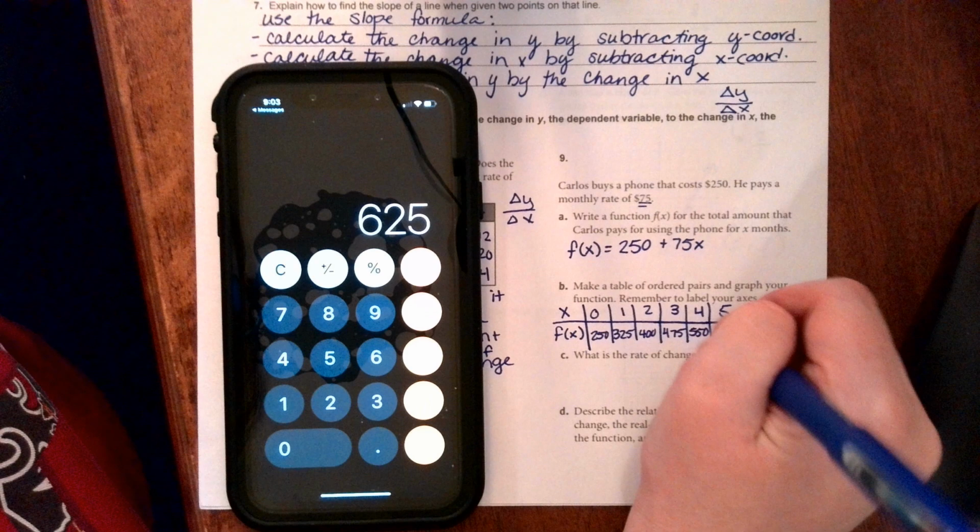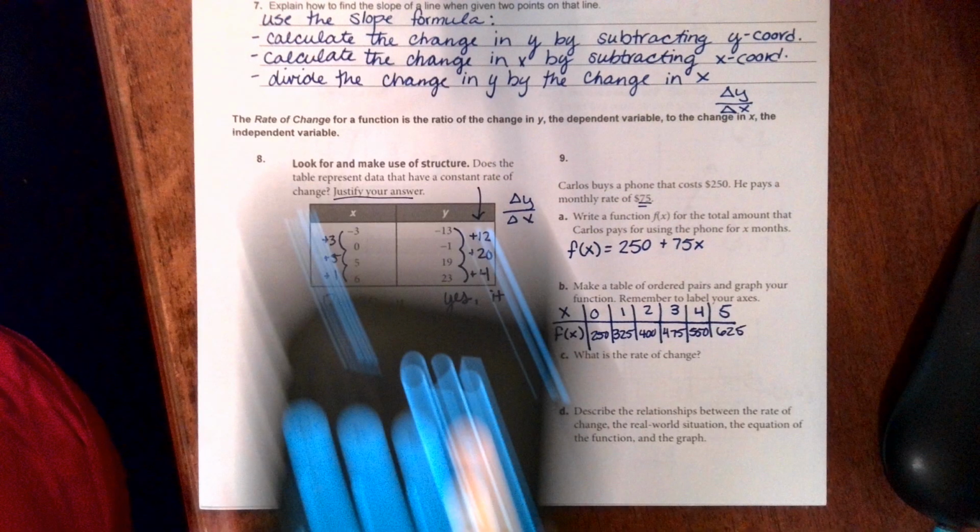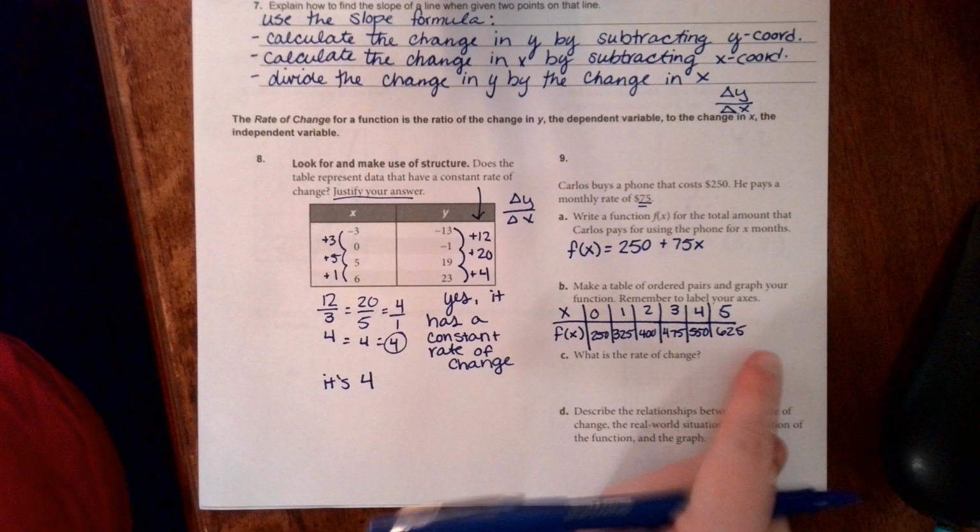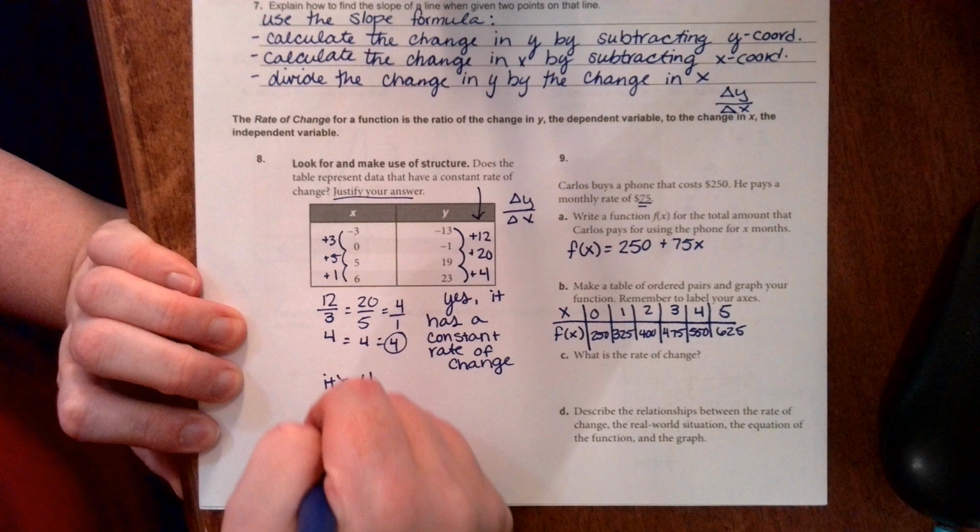Okay, and then it also wants us to graph it. So please excuse my poorly drawn graph.